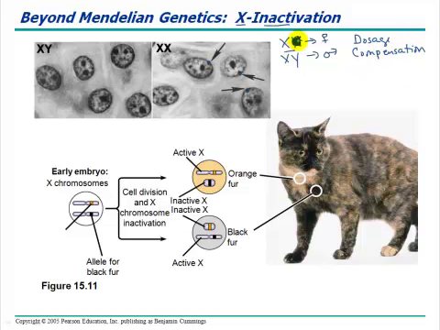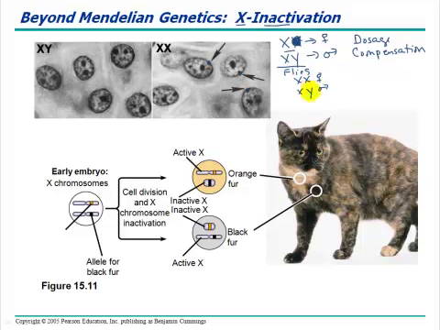So this is dosage compensation. We take one X chromosome, compact it, silence it, and reduce females' gene dosage so that it matches that of males. Now, other organisms do this dosage compensation differently. If we looked at flies, flies are also characterized by XX being female and XY being male.